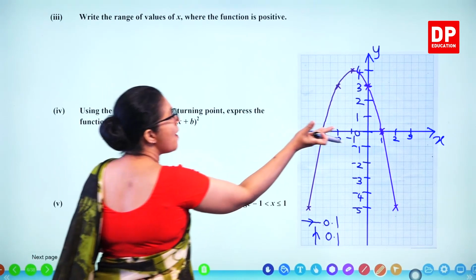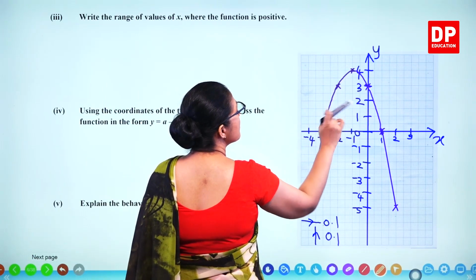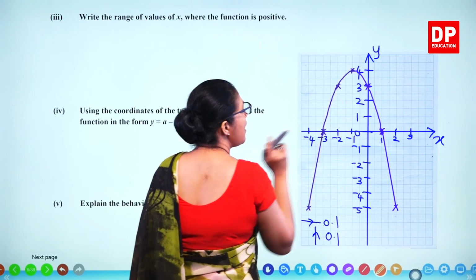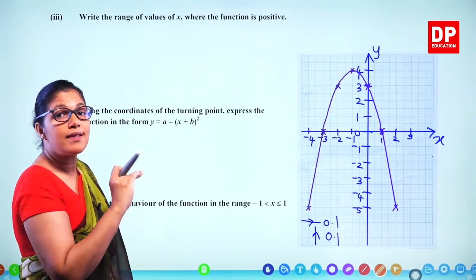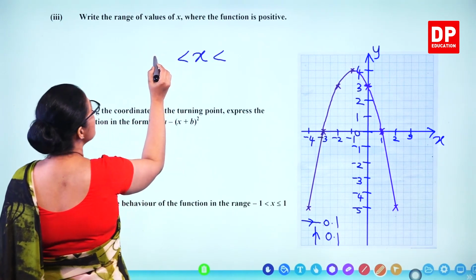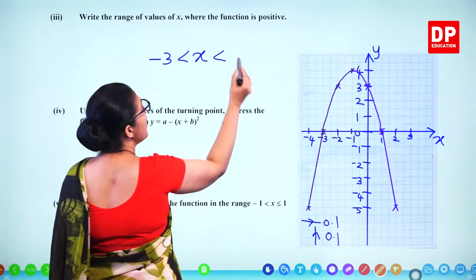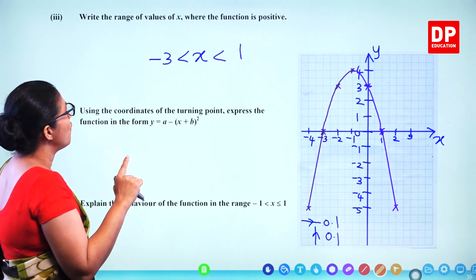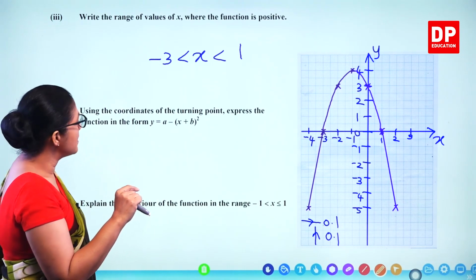So above the x-axis. So that means here to here. We know that this value is -3 and this is 1. So x lies in between -3 and +1.